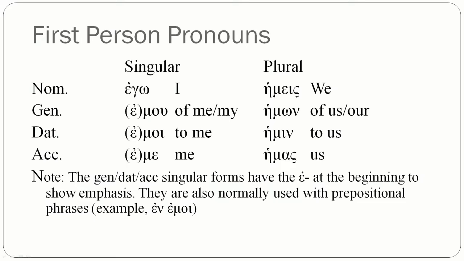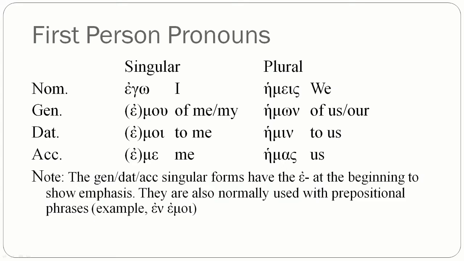For example, the prepositional phrase "in me." Jesus would say something like, "abide in me, and I will abide in you," in John chapter 15, I believe. In that prepositional phrase, "in me," the way that you express that is en.